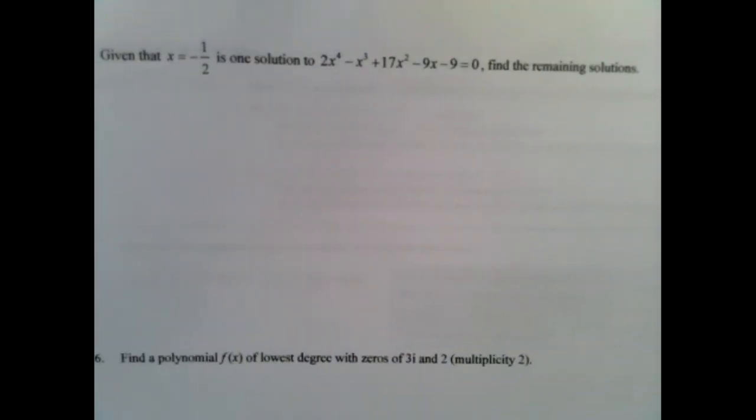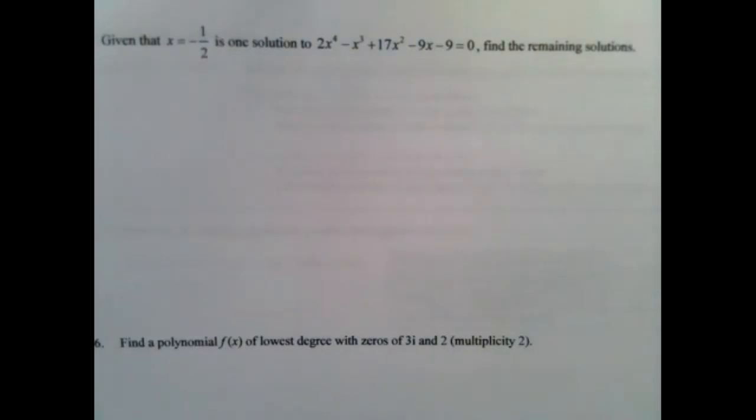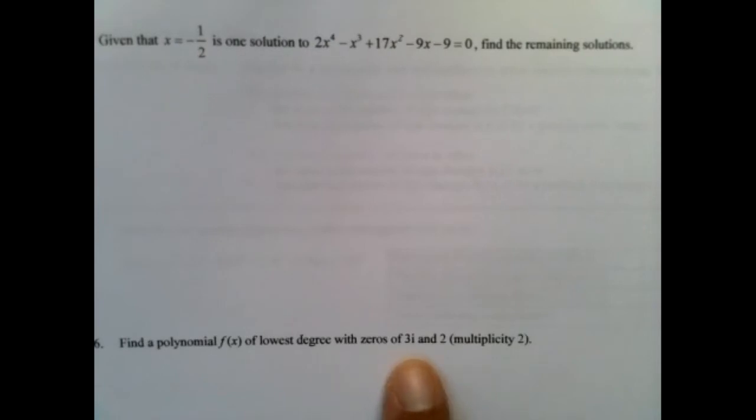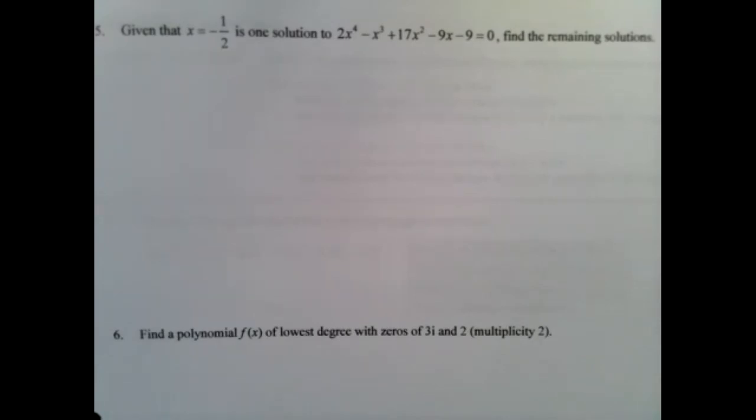All right. Oh, now they call it a solution. Given that x equals negative half is one solution, find the remaining solutions. Number 6, find a polynomial of lowest degree with zeros 3i and 2 with a multiplicity of 2. I'm going to help get it just started.